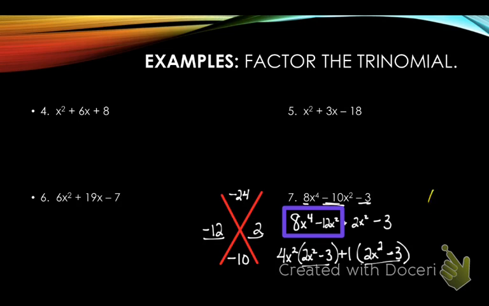So I'm going to have 4x squared plus 1 times 2x squared minus 3.